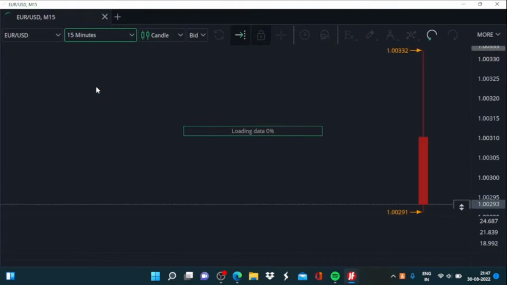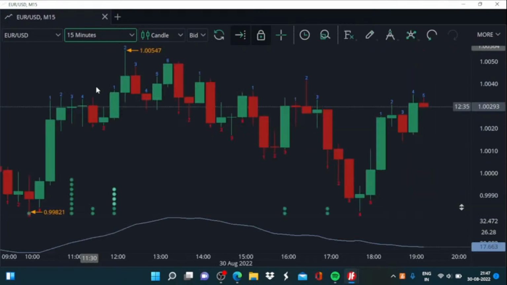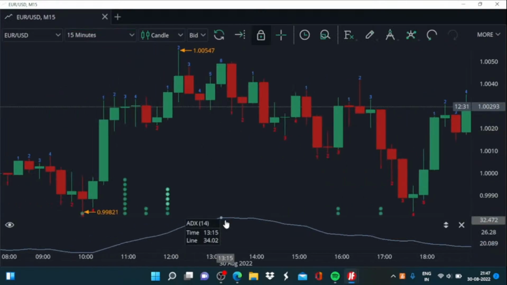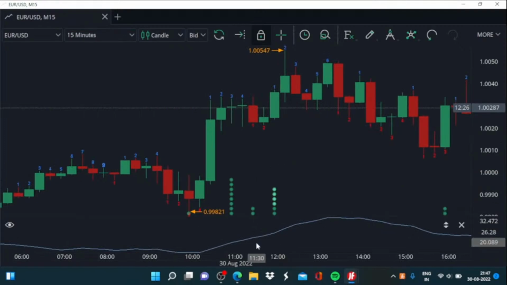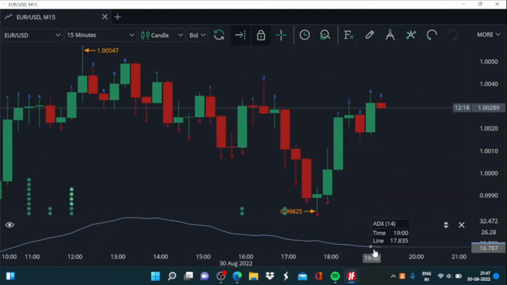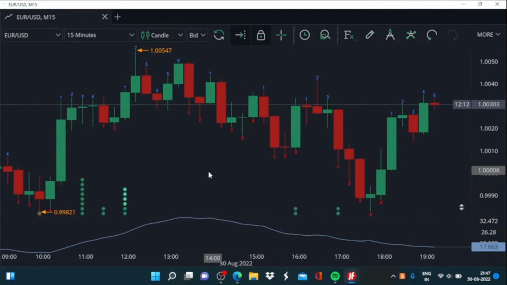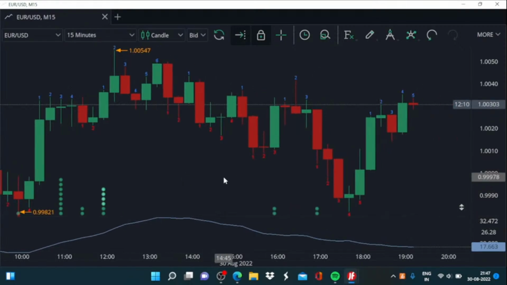For intraday traders, the lower time frames like 5 minutes, 10 minutes, or 15 minutes are likely to be much more useful, and we can see if the strength of that intraday trend is strong enough or not. Only if we see that the momentum is strong enough, we can decide to take fresh positions in the same direction of the trend on an intraday basis.